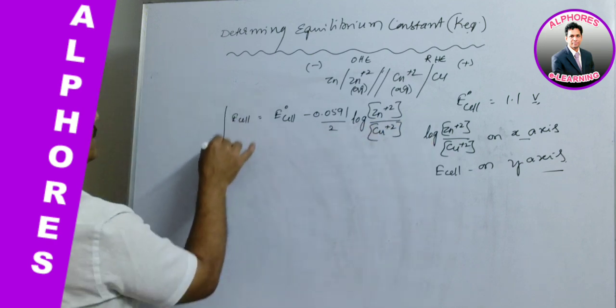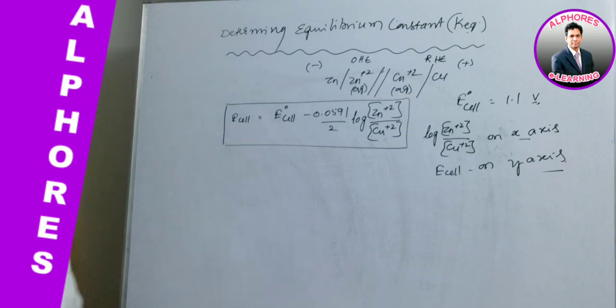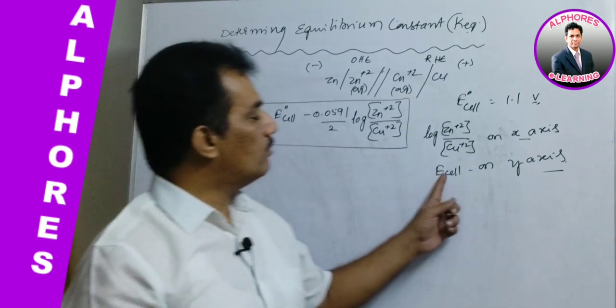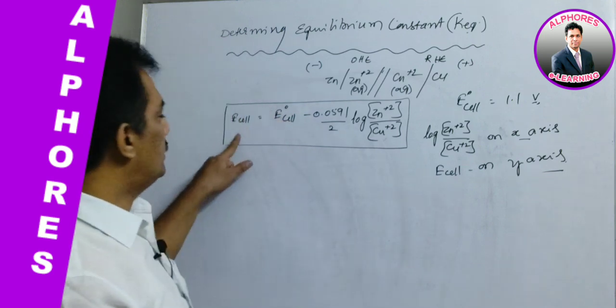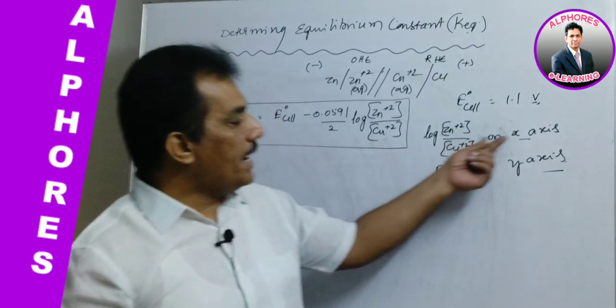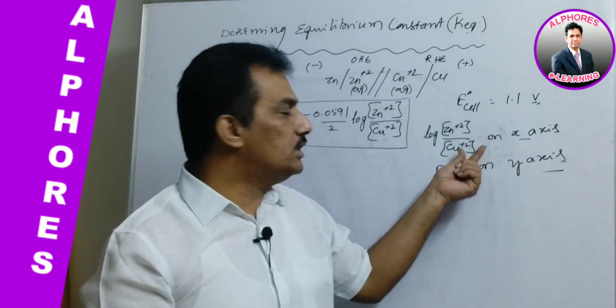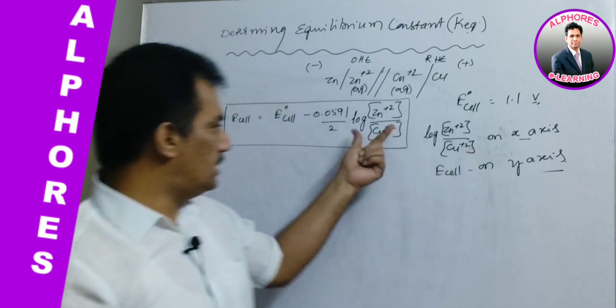This is Nernst equation for this cell, is it not? And now what they are considering on y-axis? E cell. This is E cell. It is on y-axis. And what is on x-axis? Log Zn plus 2 by Cu plus 2. That means it is the variable on x-axis.